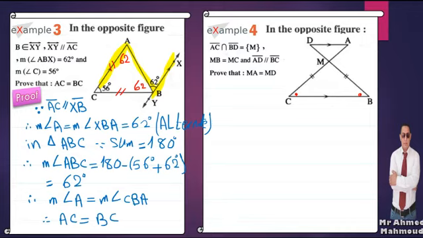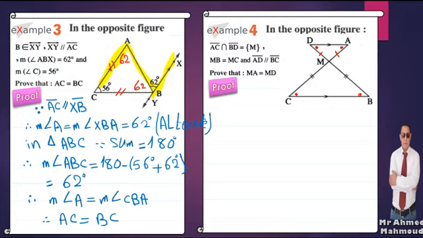And since BC and AD are parallel, therefore angle B equals angle D, alternate, and angle C equals angle A, alternate. And since angle B and C are equal, therefore angle A and D are equal, therefore MA equals MD.